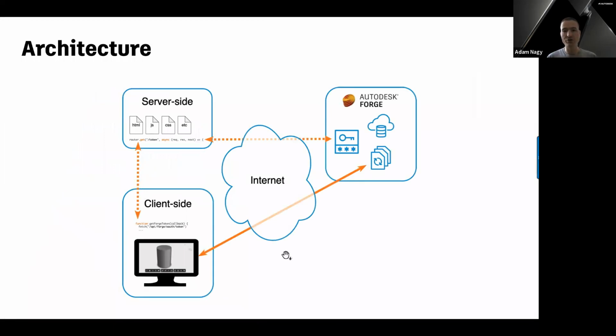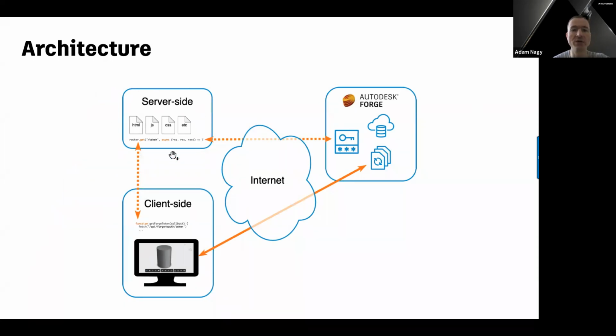Just like I showed this diagram yesterday as well, it's the same thing. Many applications or web applications and services are structured this way. First of all, on the right side, we have the Forge services that we want to interact with, like accessing the authentication service, the data management service, or the model derivative service.